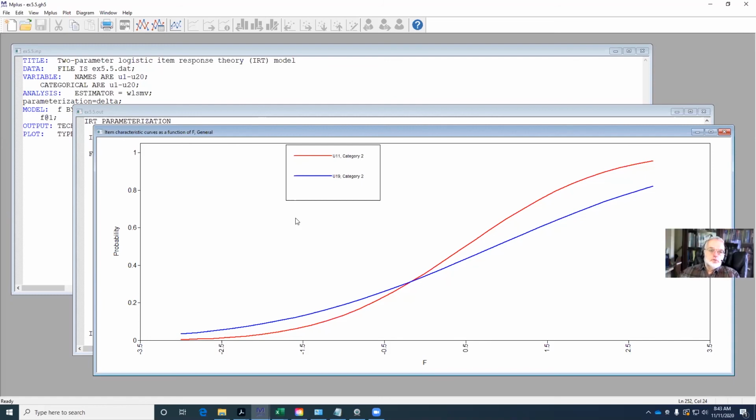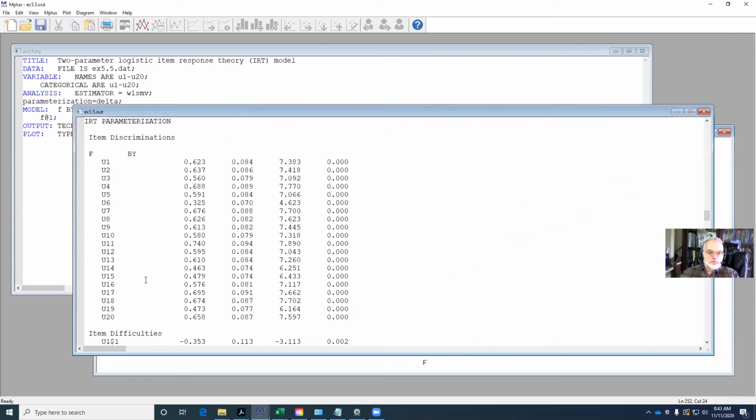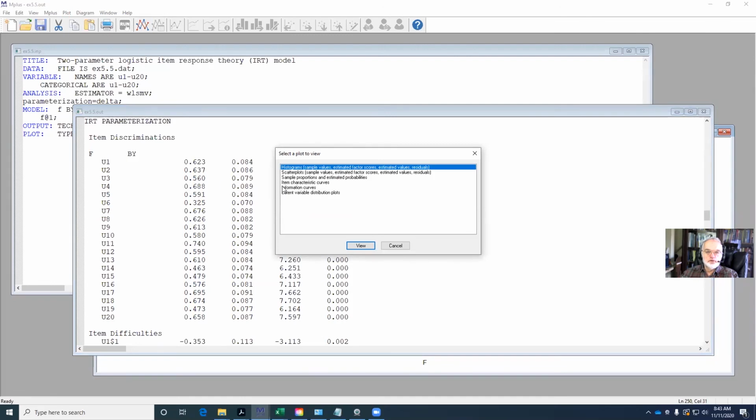Well, yeah, we can. What's kind of close? I mean, so 11 and say 17, they're going to have kind of the same shaped curve. They might differ in terms of their item characteristic curves, in terms of their difficulty.